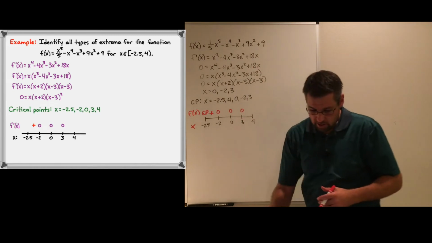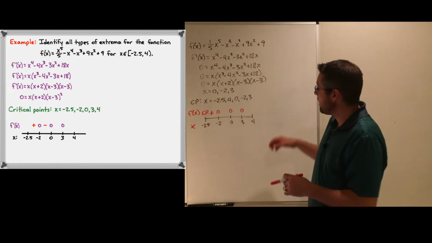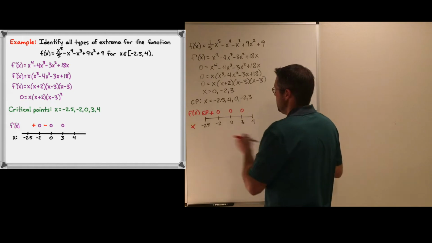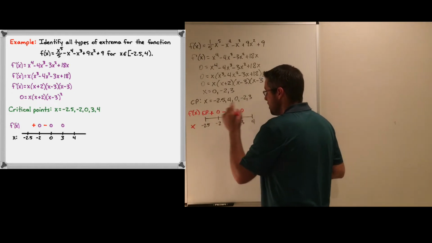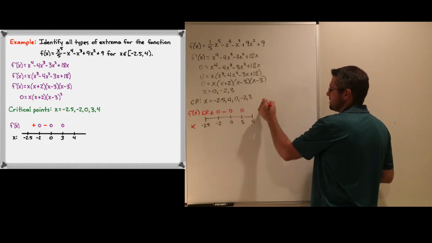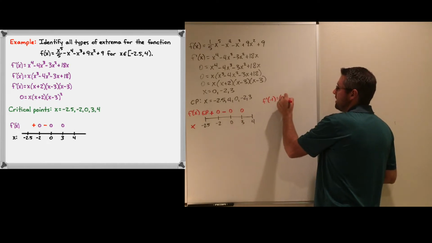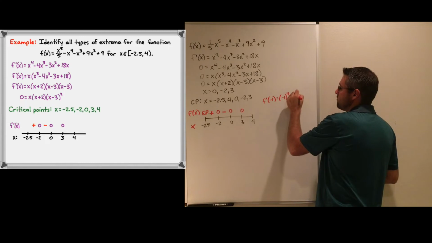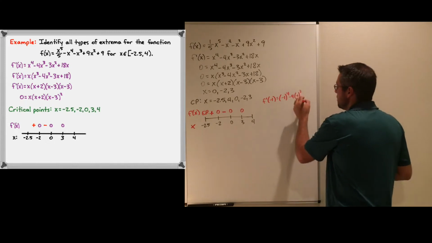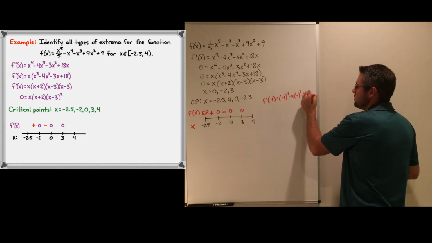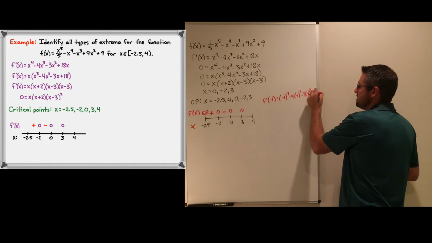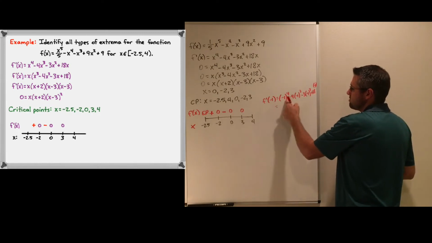And I'm going to get something out of there. Well, when I plug it in, I'm actually getting a number, and it's going to end up being a negative number. Just off to the side, I'll do that real fast because it's easy. f prime of negative 1 would be negative 1 to the 4th minus 4 times negative 1 cubed minus 3 times negative 1 squared plus 18 times negative 1. I'm running out of room here. So this becomes positive 1.